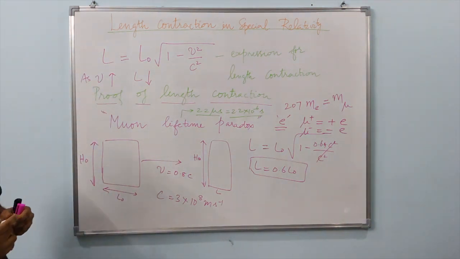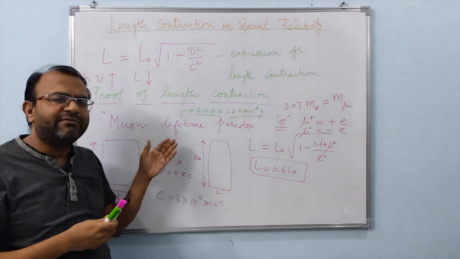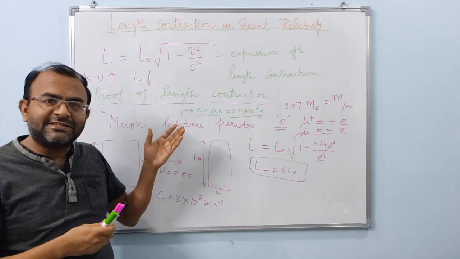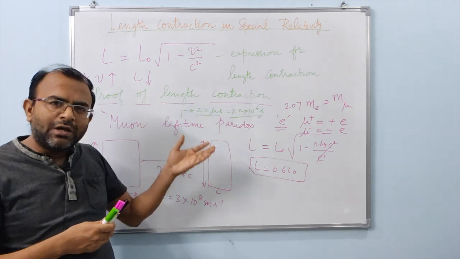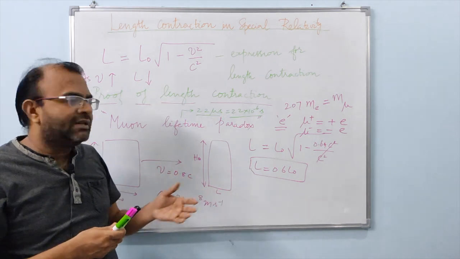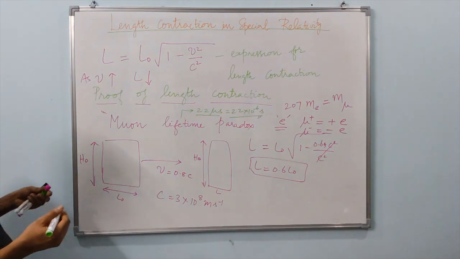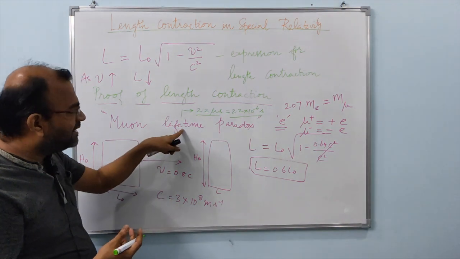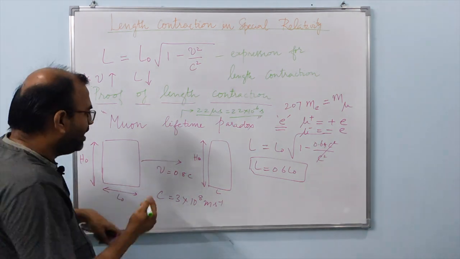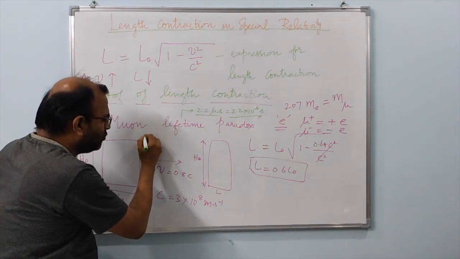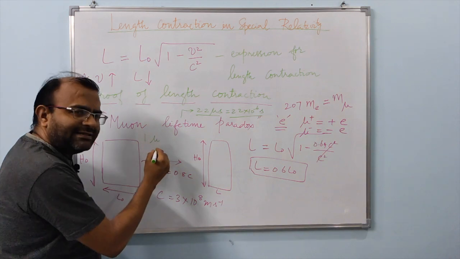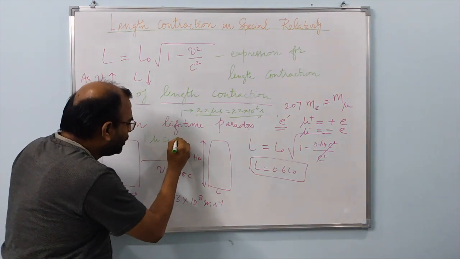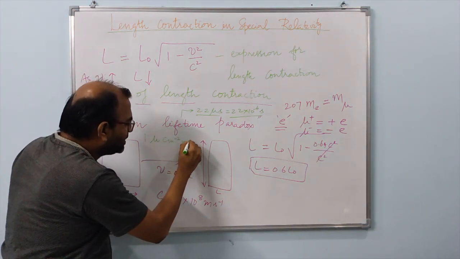In such a short span of life, the muons are able to travel a vast distance from the upper atmosphere to the surface of the earth. At sea level, the number of muons detected is way too many to be explained with this short lifetime. Roughly about 1 muon is detected per square centimeter per minute on the surface of the earth.